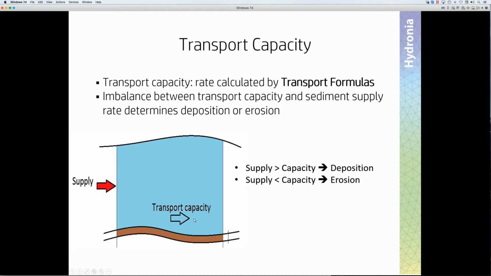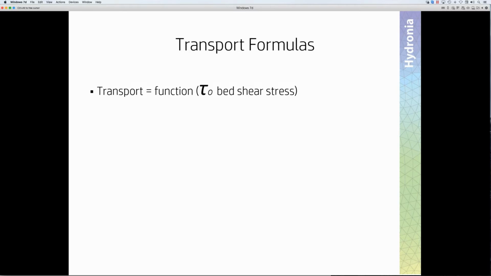And if the supply is less than the capacity, then you have erosion process. So all these factors are in the model, and they need to be handled automatically, obviously, because they are very complex and varied in space and time during a specific computation.